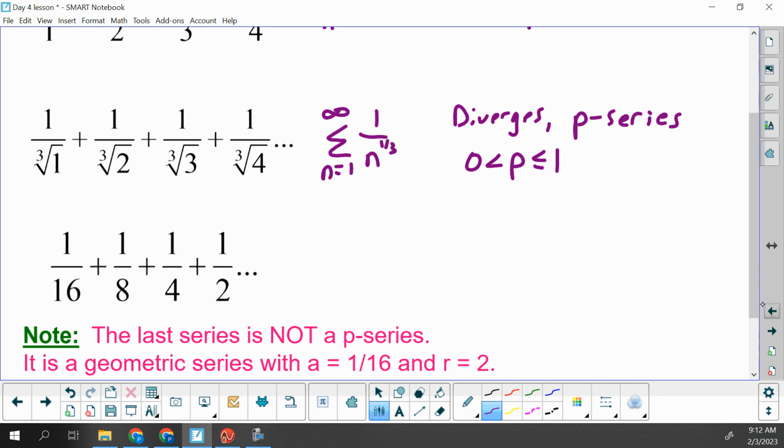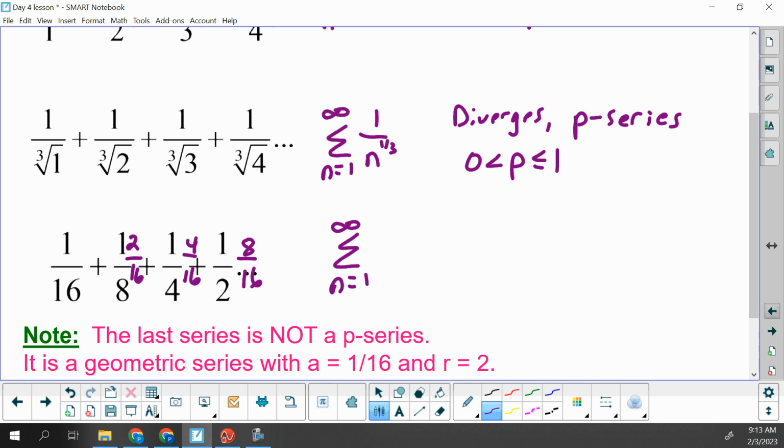Now this last one, this is not a p-series. It would not be the same number raised to different powers in the denominator. This is really 2/16. This is really 4/16. And then this is really 8/16. So what this actually is, is a geometric series. So in series notation, this would be the sum from n equals 1 to infinity.